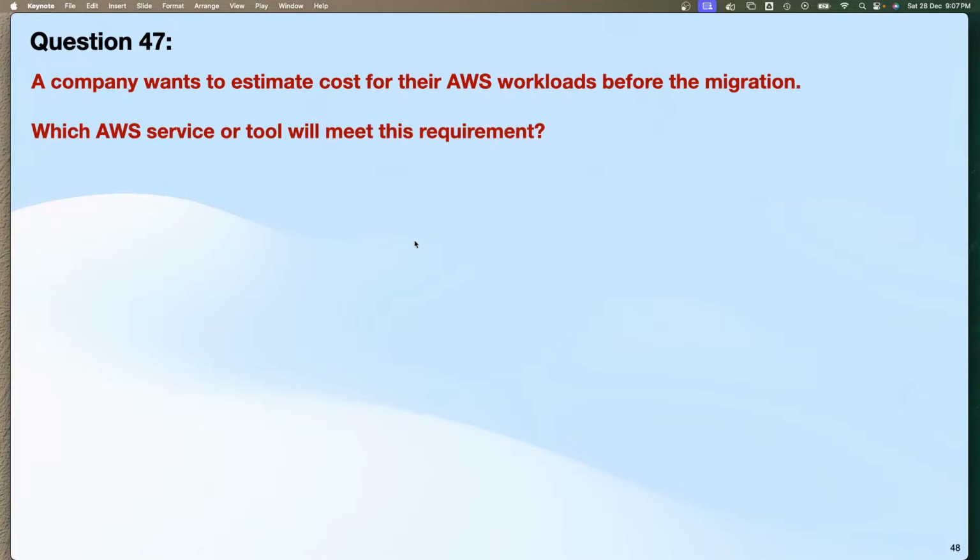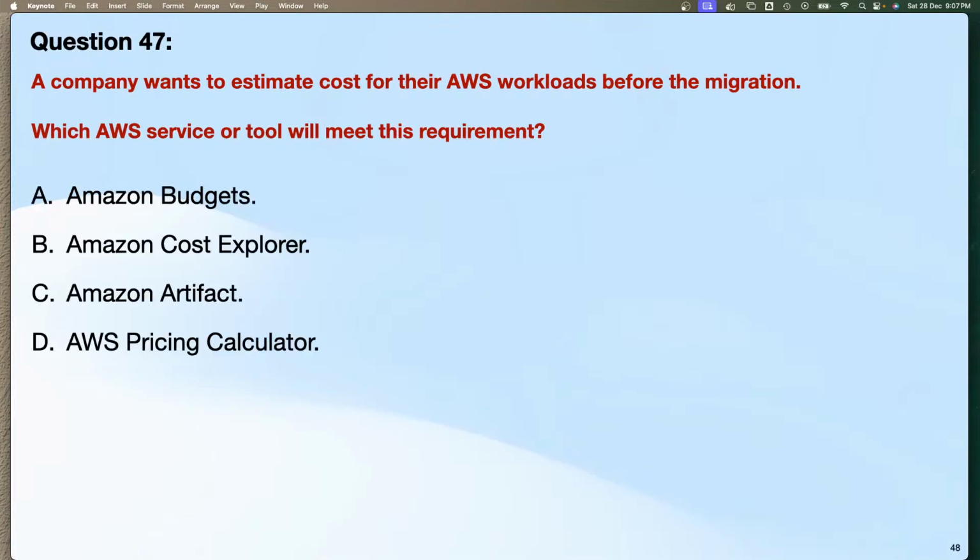Let me go to 47. A company wants to estimate the cost for their AWS workloads. Again, before migration, you can tell the answer here, which service will help. I'll go through this very quickly. It's not Budgets. Budgets is to get an alert whenever the cost or the forecasted cost of our AWS account goes above a threshold.